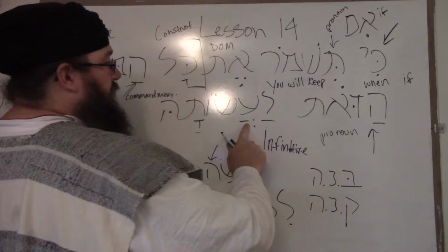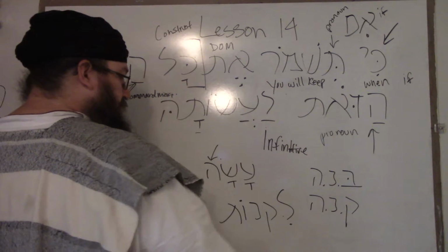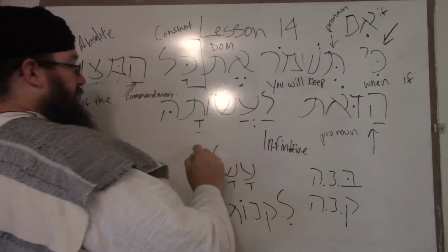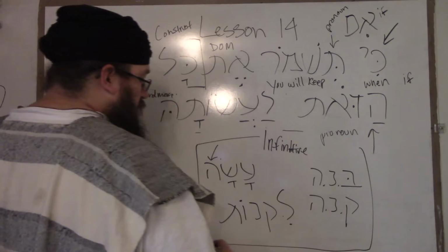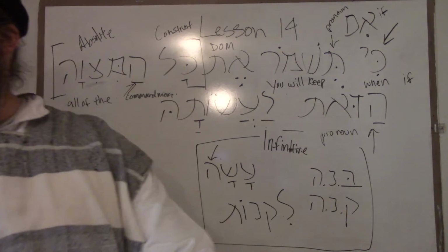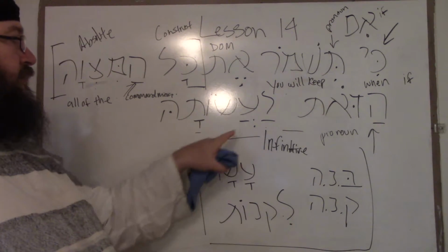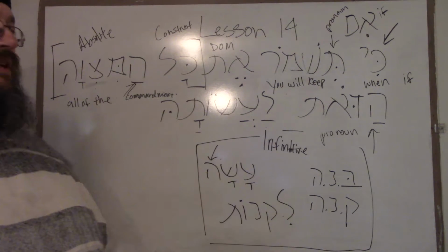We have the kamatz kataf and the kamatz, and so we're saying lasot. So this is important to understand how the infinitives with the third He work in relationship to why it is that this will look different. It's only because the guttural is here. We have to account the sound for the vowel for the guttural.